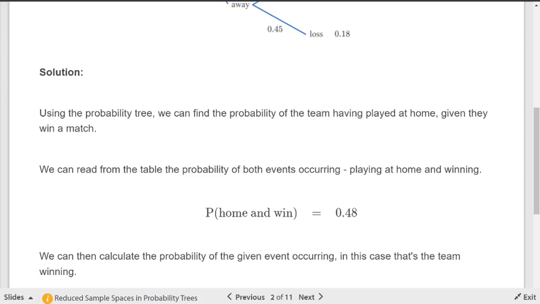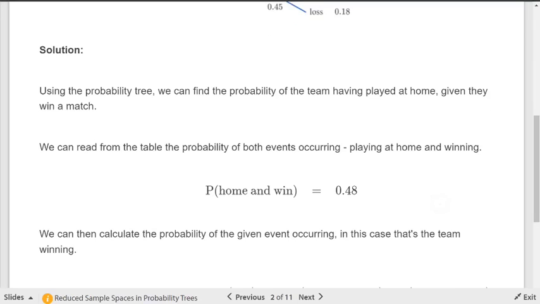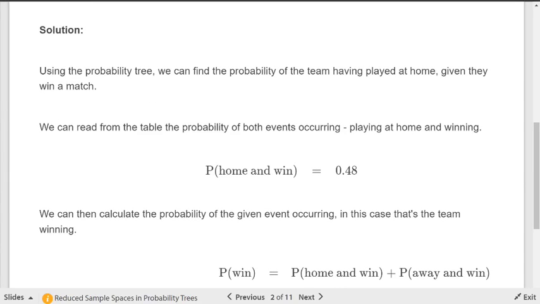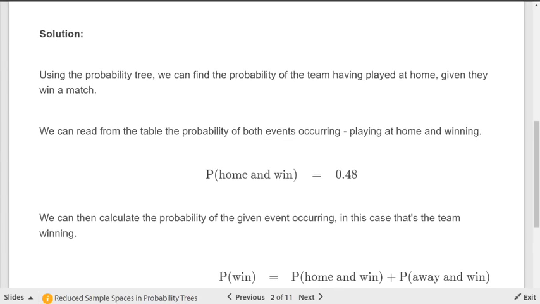In this case, that's any winning. Okay? Because we're looking at winning. So what's the probability of winning? There are two of those. You can either win at home or you can win away. And notice that it's home or away, so you get what between them? Plus. The or rule, right?